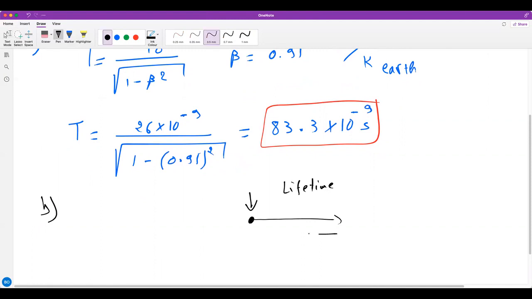So it will travel a certain distance with a certain speed, and then it will decay. That's why we call it the lifetime of the particle. After the lifetime, it will decay.